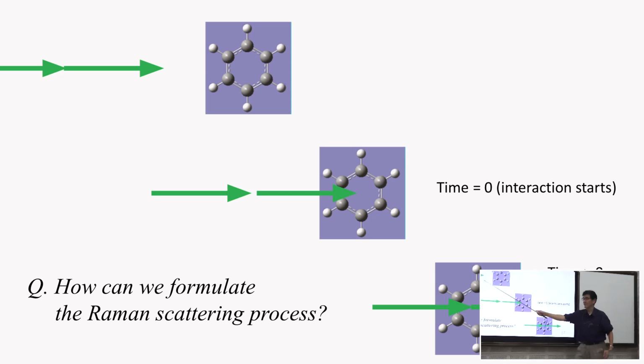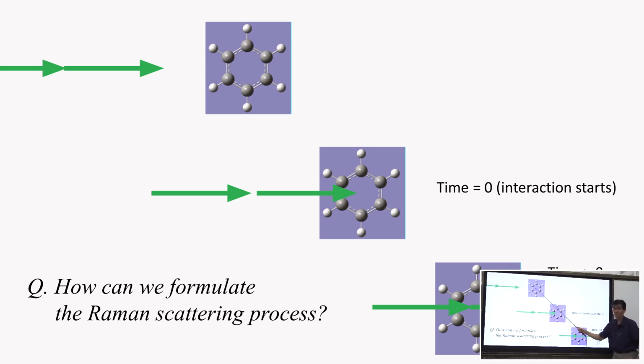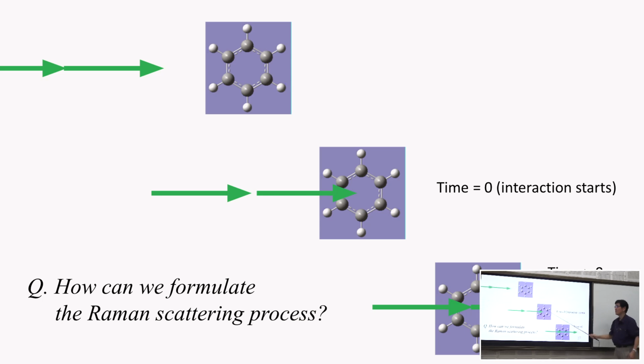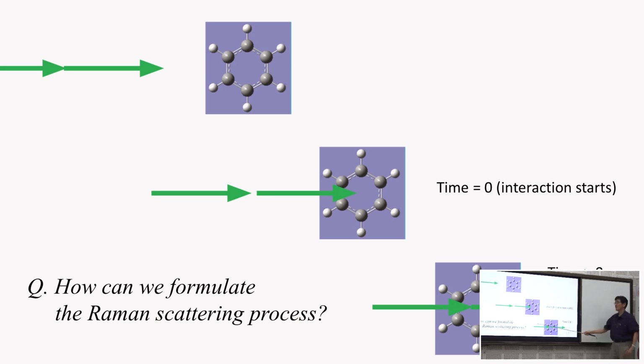Before the interaction, there is a Hamiltonian of the radiation and a Hamiltonian of the molecule, that's all. And in the presence of the interaction Hamiltonian, the status of the molecule and light changes time by time as a function of time. So we consider what goes on here.